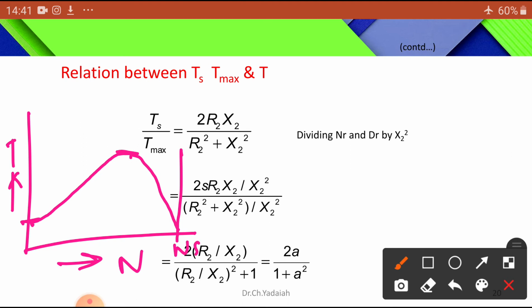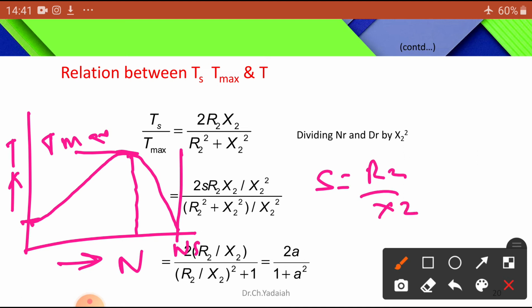This maximum is known as the T max, at the condition where slip S is equal to R2 by X2. This is the T start, this is the full load torque, and this is the T max. These are three points you should know.